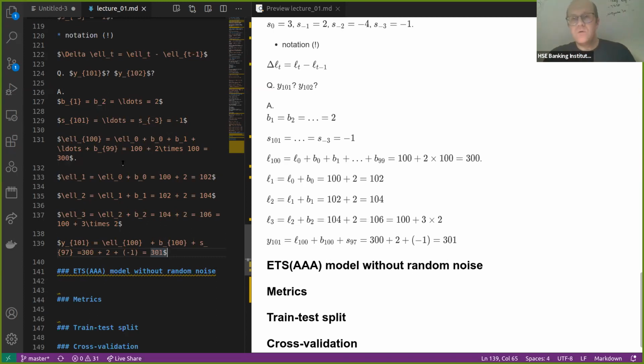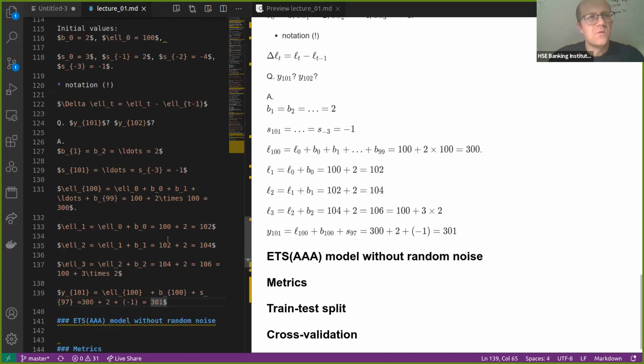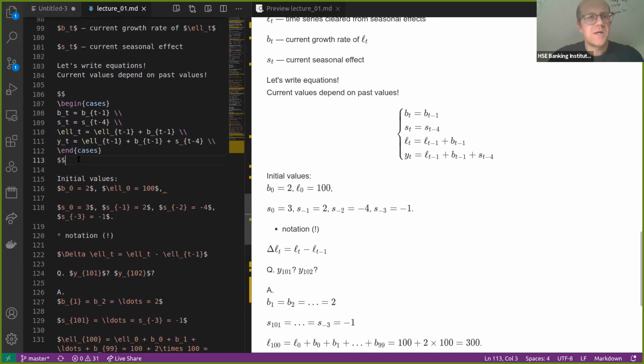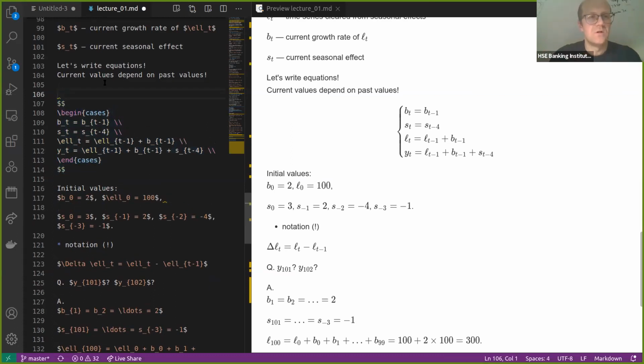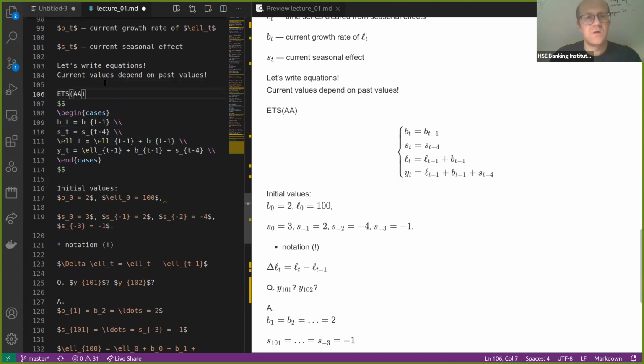So now we go to the case with random. We have a subtle question about difficulty. If you look at the model carefully, these equations are standard. Every ETS AAA model will have these equations, without error.